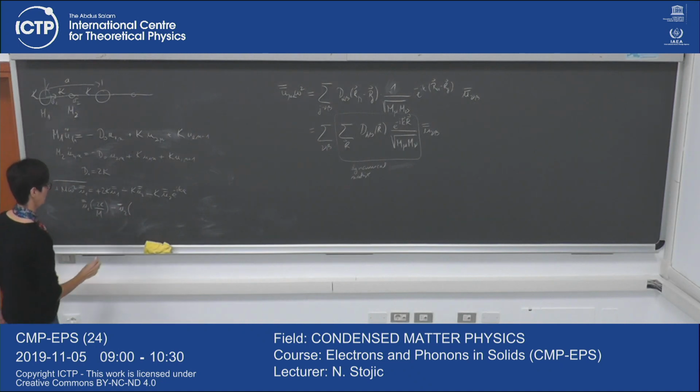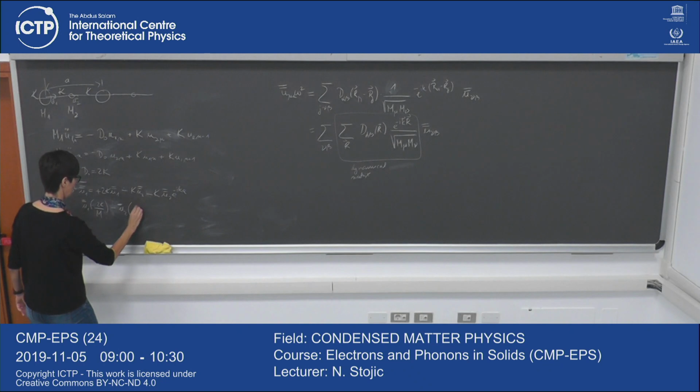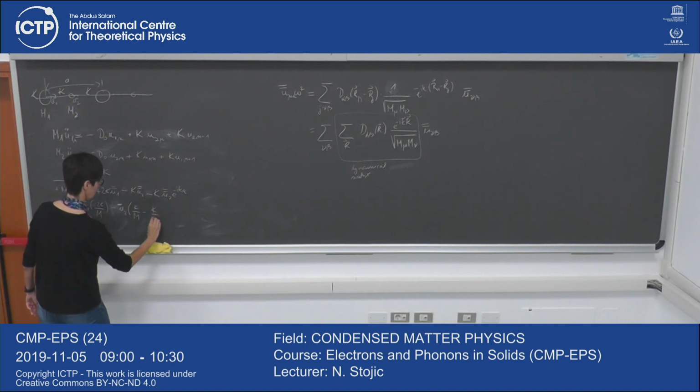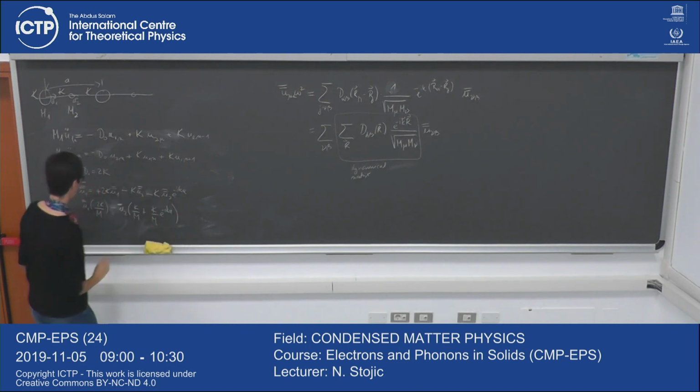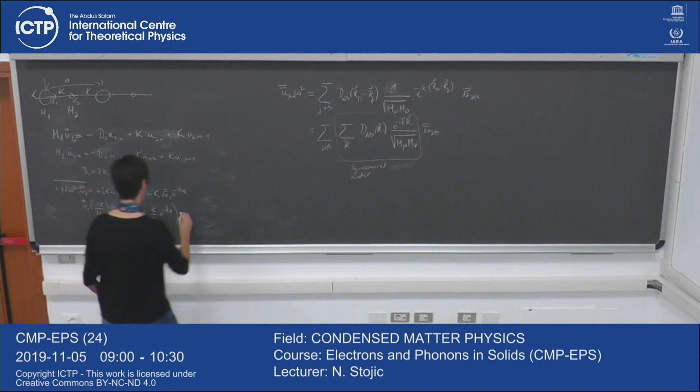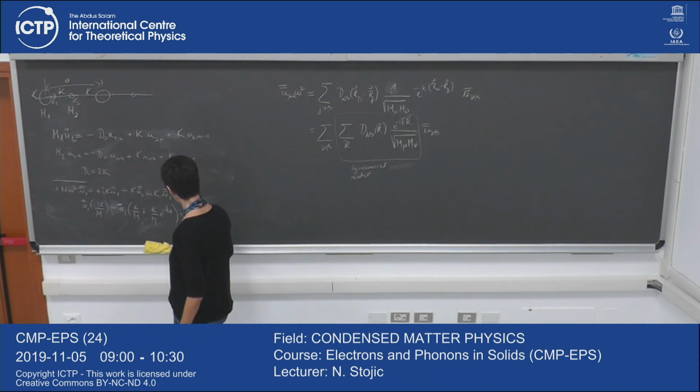U2, this will be K, minus K over M minus K over M plus equals omega squared U1.